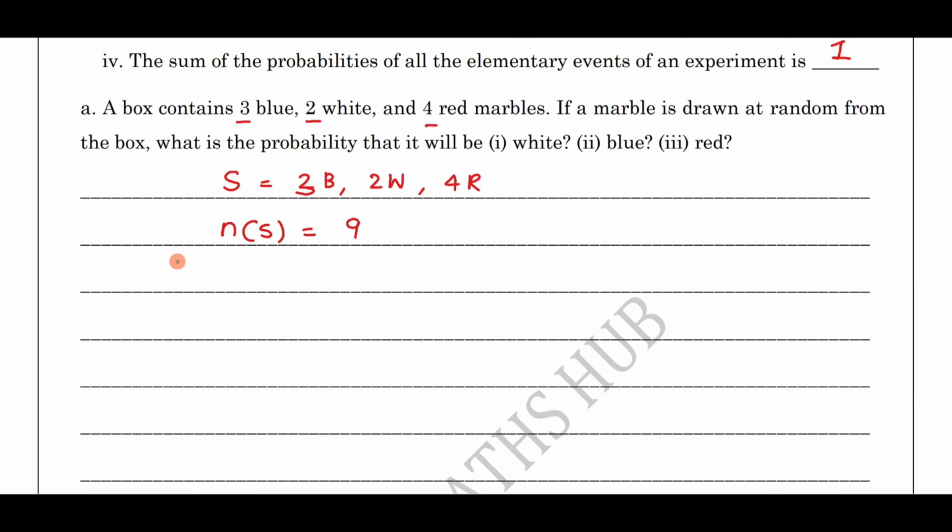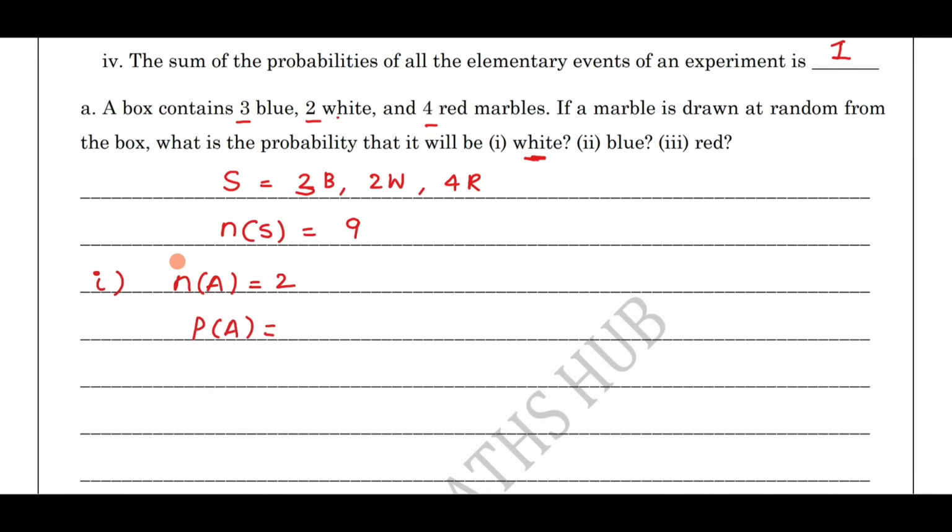If a marble is drawn at random from the box, what is the probability that it is a white marble? So let A be the event of getting a white marble. How many white marbles do you have? It is 2. Therefore, n of A is 2. Now, the probability of event A, you should assume an event here.